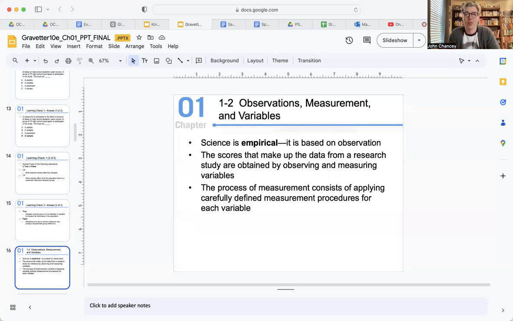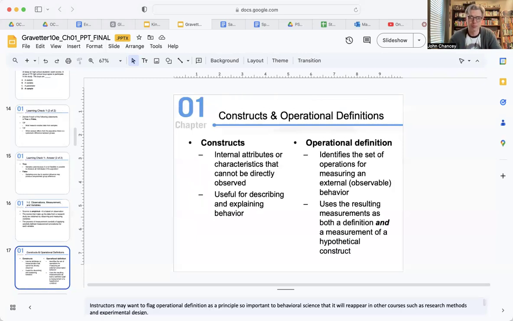So a lot of times we're talking about collecting data through observations, just seeing what's happening and maybe writing it down, measuring it, giving out surveys, collecting it in terms of trying to see what varies. We're collecting scores in terms of data by observing and measuring variables of interest. And this is where we talk about applying those different procedures that we're going to go through chapter by chapter in subsequent chapters as a way to better understand and make sense of the variables we're interested in.